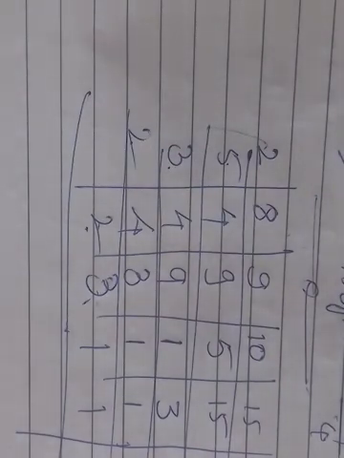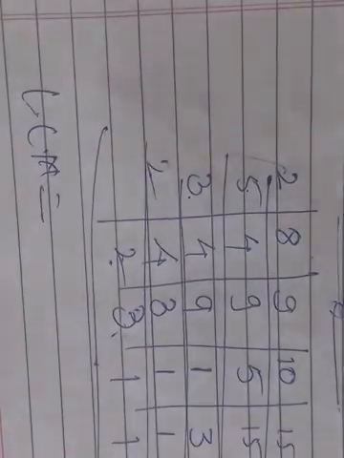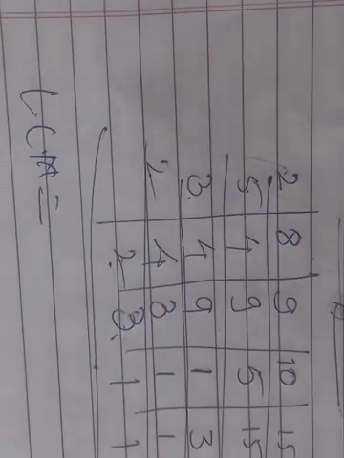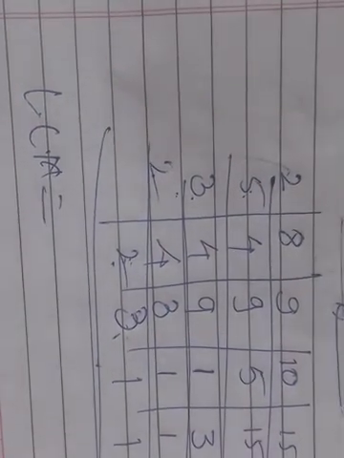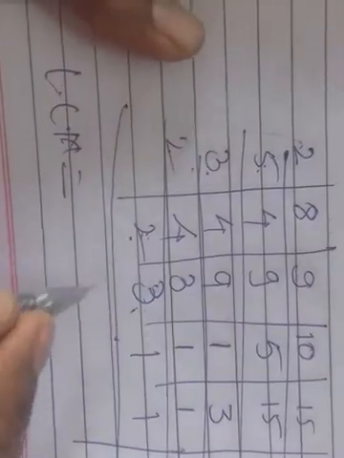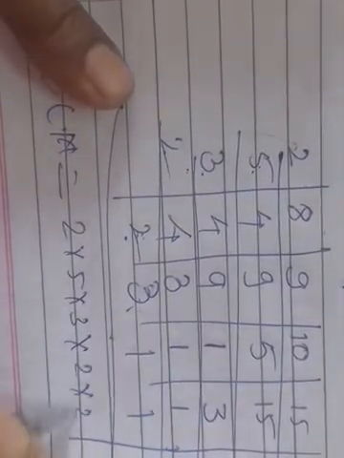We have to find this LCM, so check what we get as the product. Here it is 2 into 5 into 3 into 2 into 2 into 3.